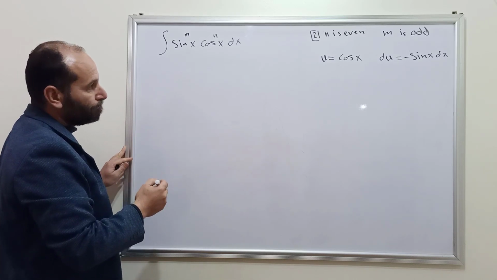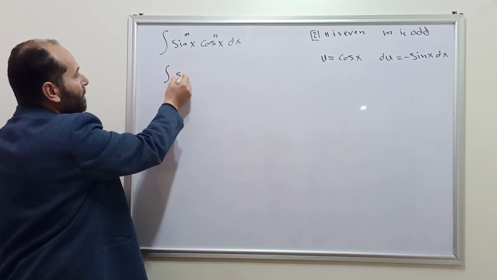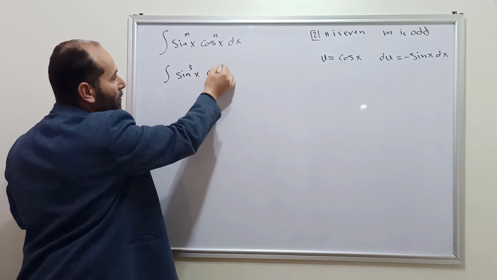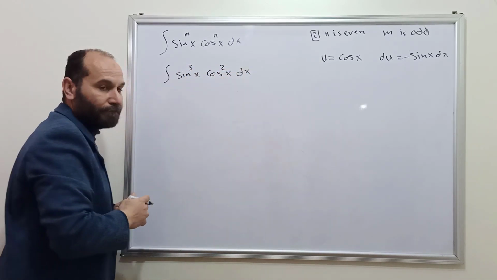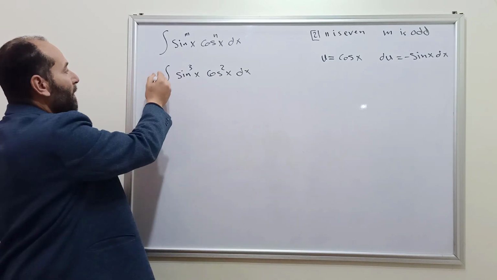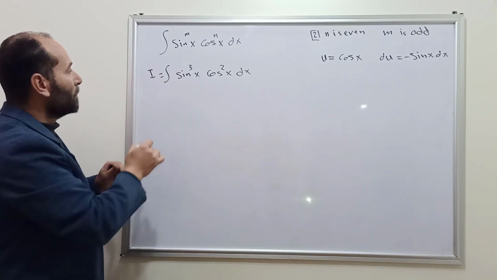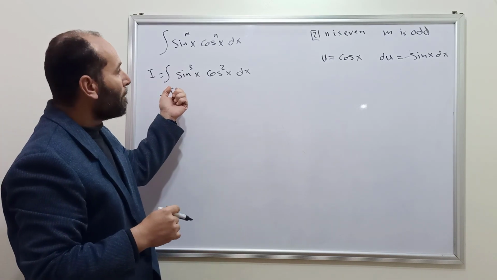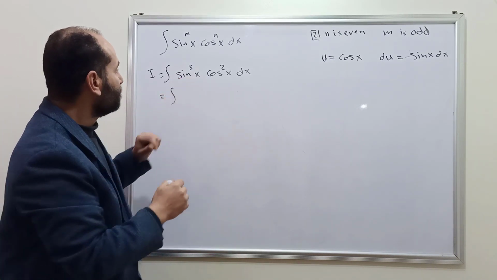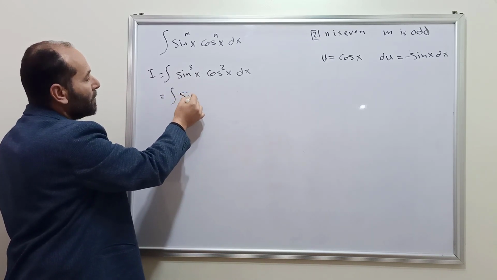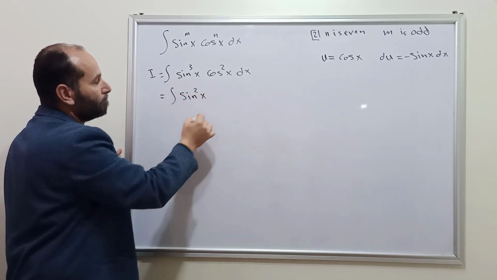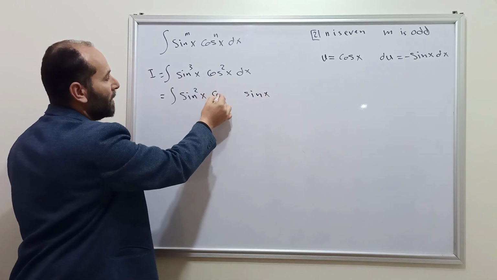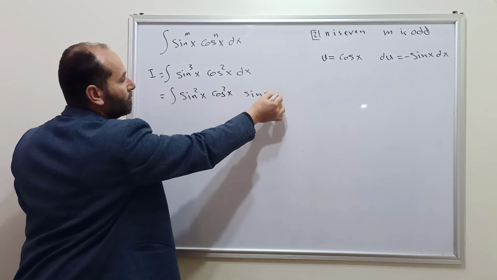For example, the integration of sine power 3 x cosine squared x dx. To find this integration, we take one of the sines, so sine squared x, here sine x, cosine squared x dx.